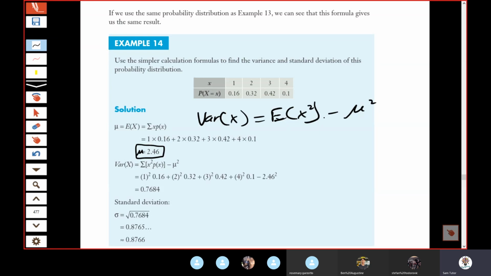Now, E of x squared, because remember, E of x is this, right? So let me write it up here. E of x is this, so summing your score multiplied by your probability. E of x squared is just summing your score squared times the probability.